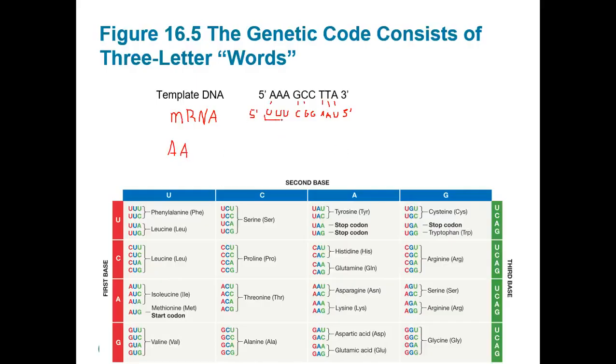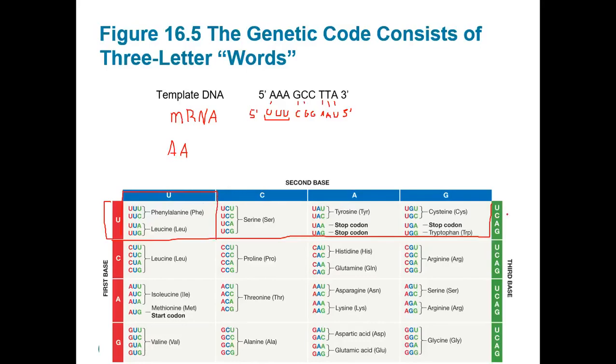And remember, I'm going to read in series of 3. First, I would look over at my first base and I'd say, okay, it's a U. That's what my first base looks like. So I know I'm going to be in this row right here. Now my second base over at the top, also a U. So now I know I'm going to be in this column right here.